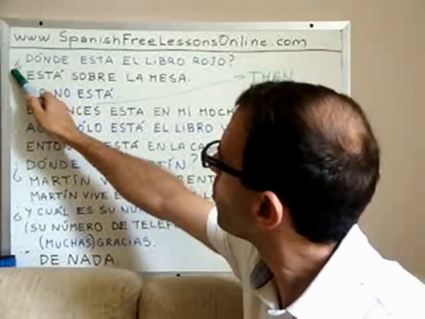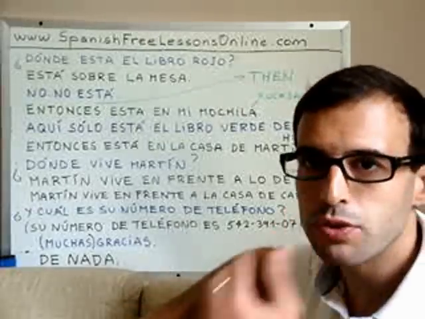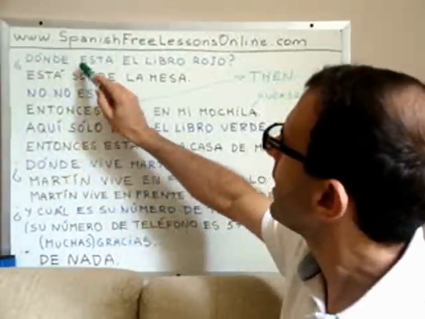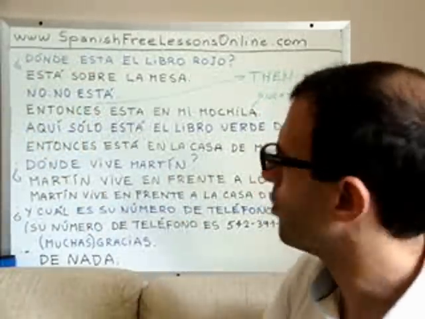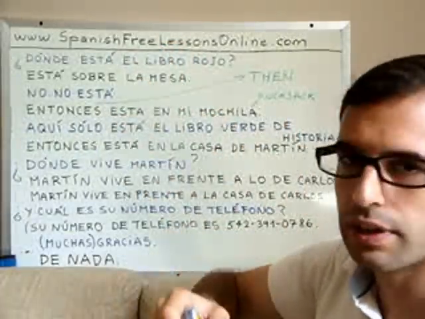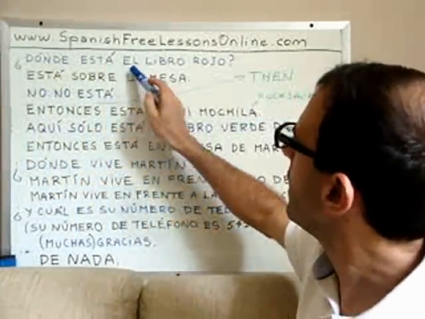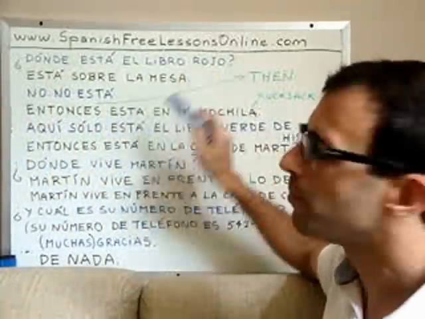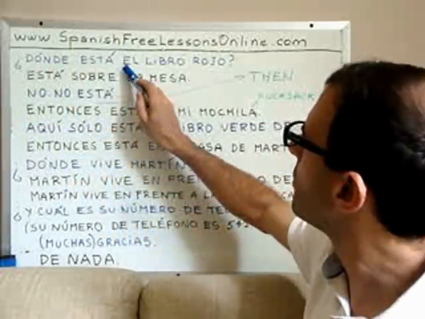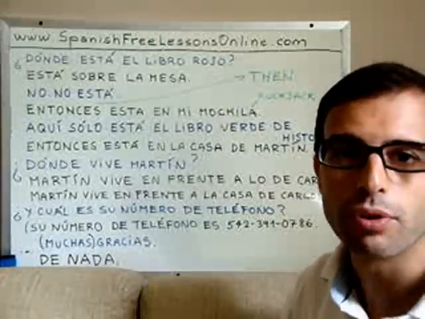Here we have question marks, open question marks and close question marks. As in Spanish, you need to open the question mark, okay? ¿Dónde está el libro rojo? That has a tilde there. Where is the book red, or where is the red book?